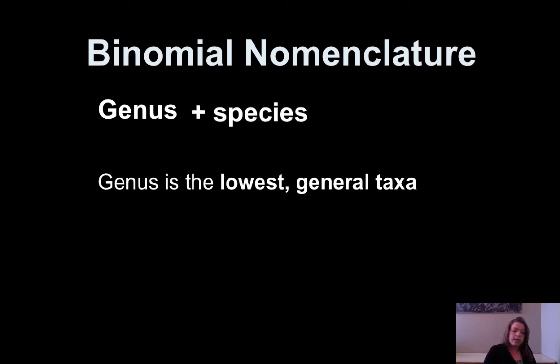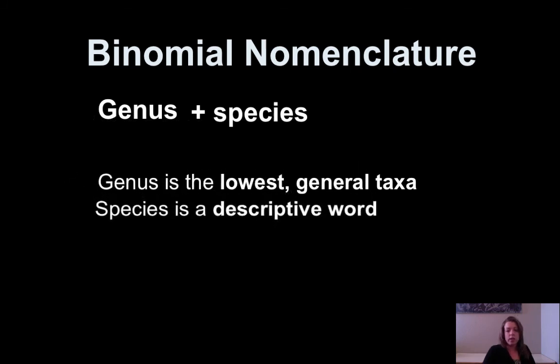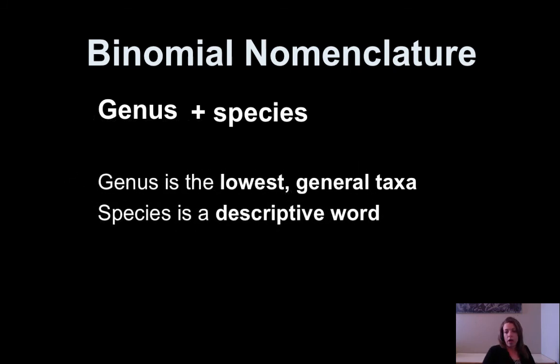The species is a unique descriptive word about that particular species or that particular group. Right? So genus is first, it's always capitalized, and it's the lowest general taxa level. Species is second, and it's a descriptive word about that particular group of organisms.